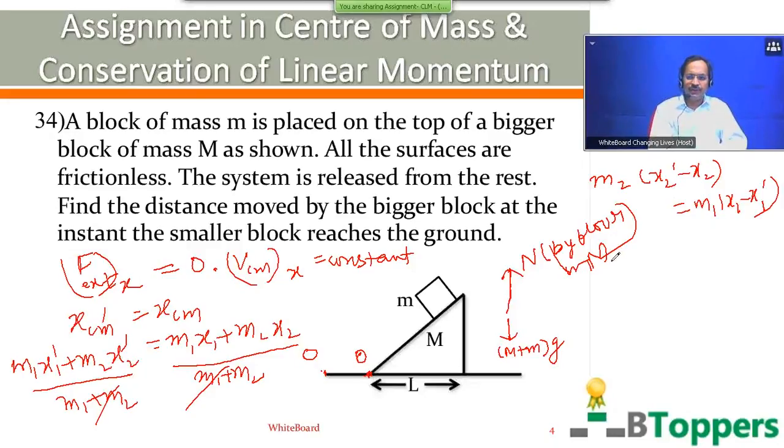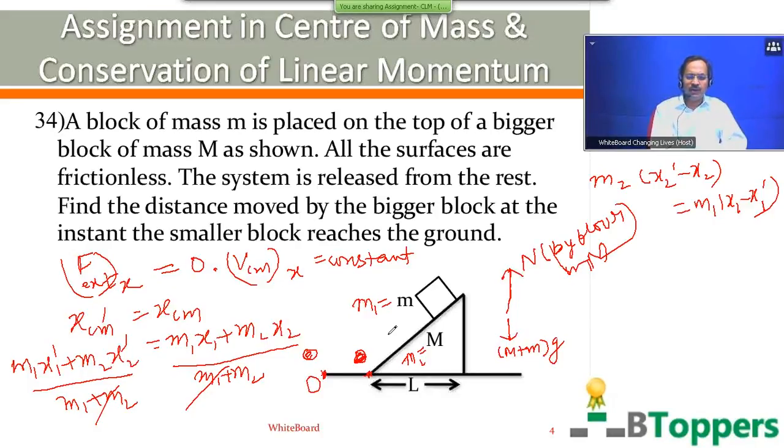So x2 is the horizontal distance of the bigger block. Let me choose m1 equal to small m here, m2 equal to capital M. Now we choose some fixed point on the ground to the left side of both the blocks as the origin of the coordinate system.